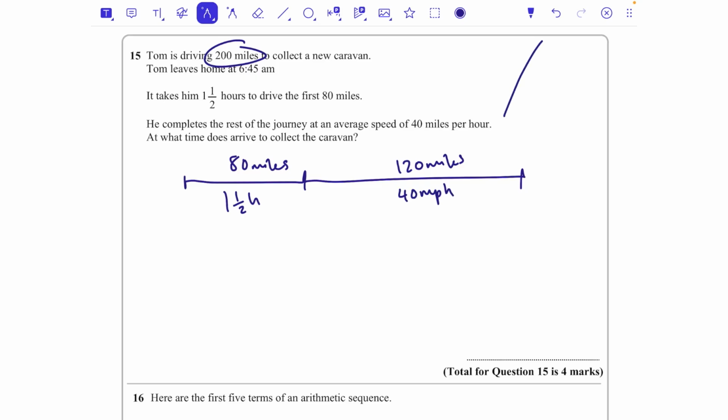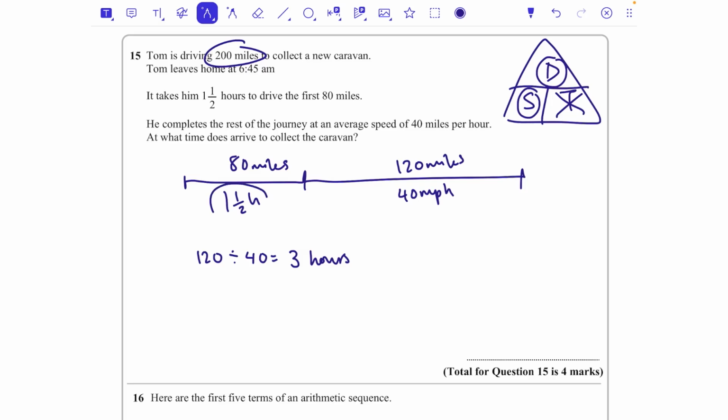Now, if we think about our speed, distance, time triangle, to get the time that it takes, we do distance divided by speed. So the distance is 120 divided by the speed, which is 40, and that is 3 hours.